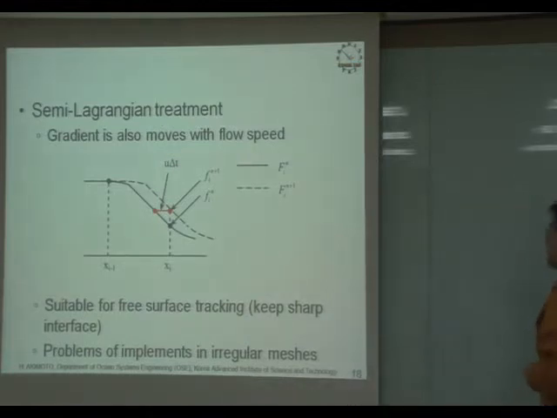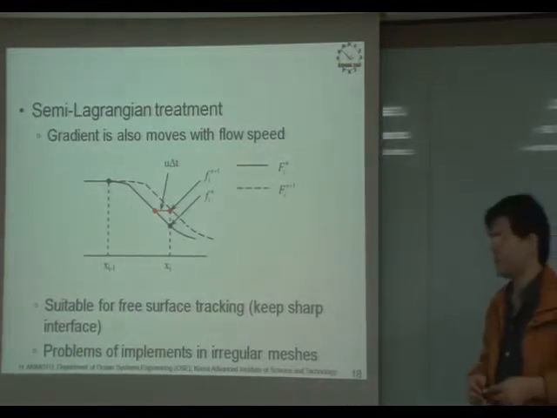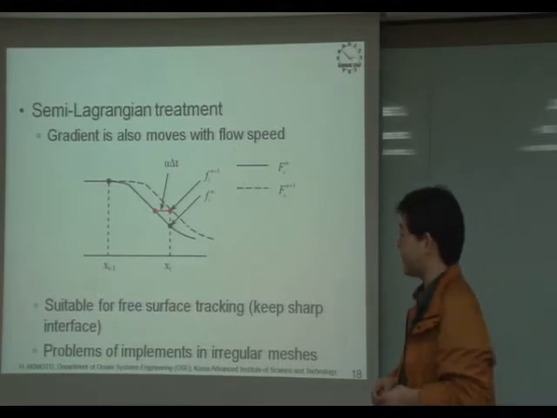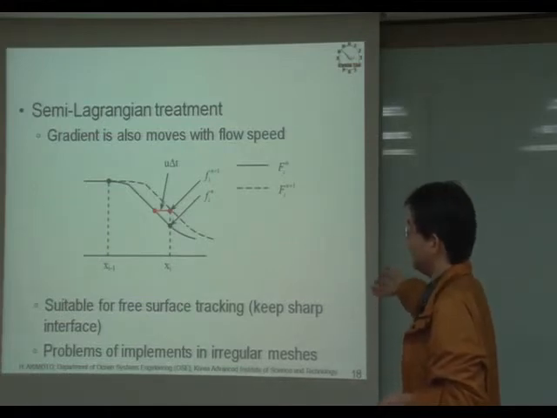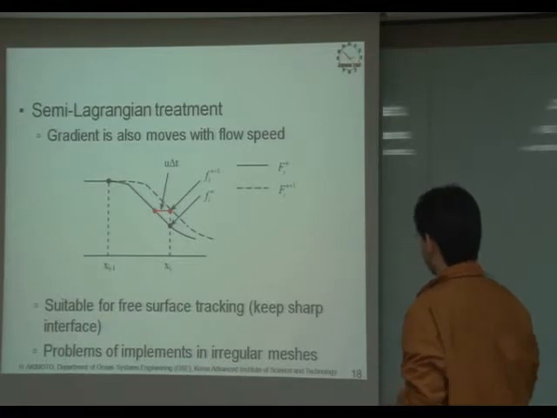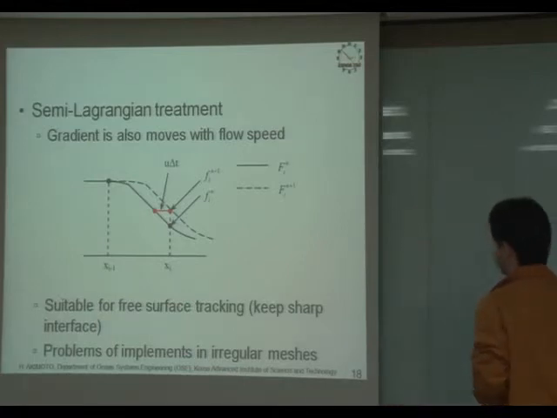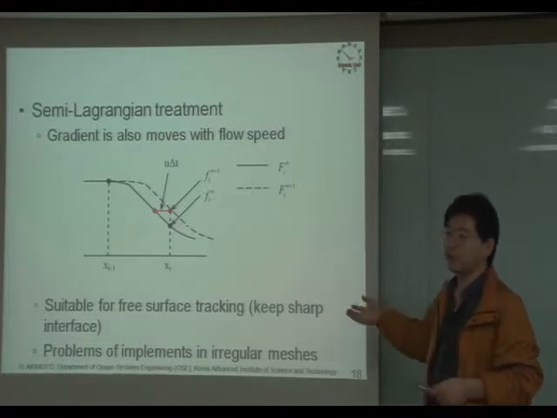So why it is used in free surface problems, and also why many researchers have a misunderstanding of the method, is that it is very suitable for free surface tracking procedures.